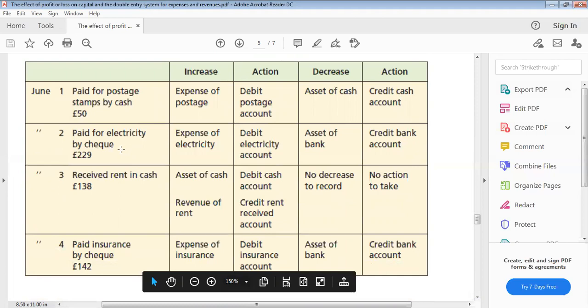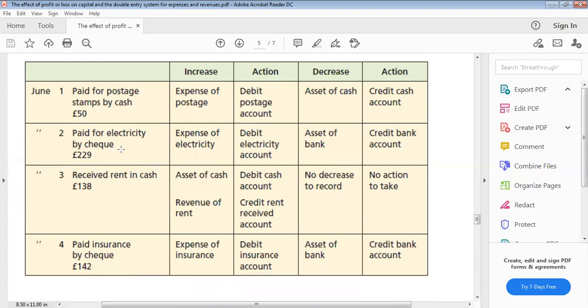You have June 2 now, paid for electricity by check, $229.